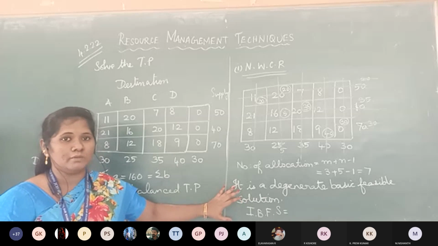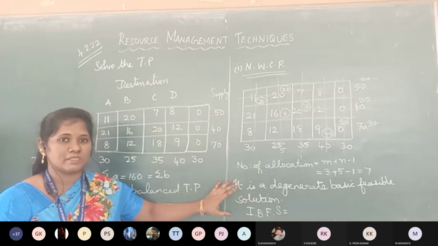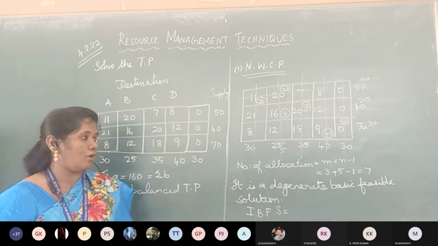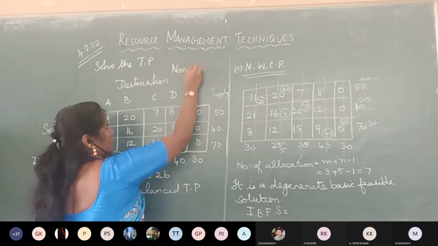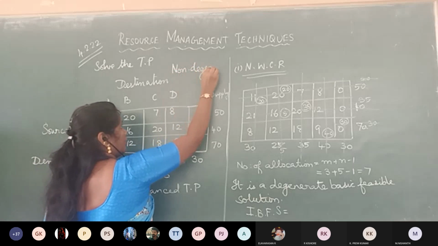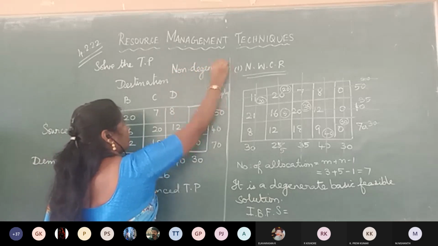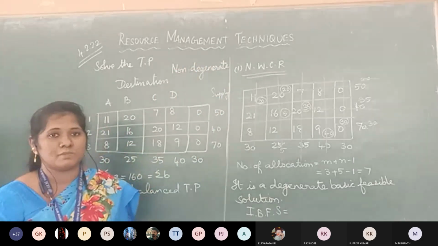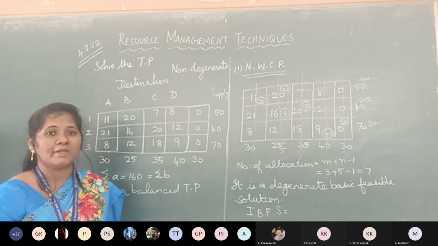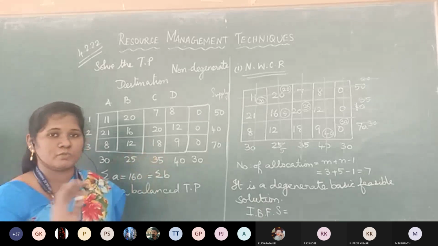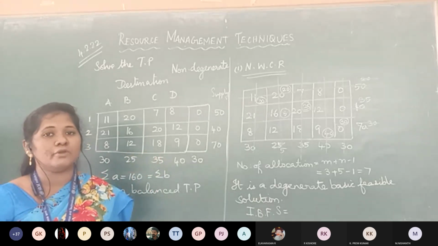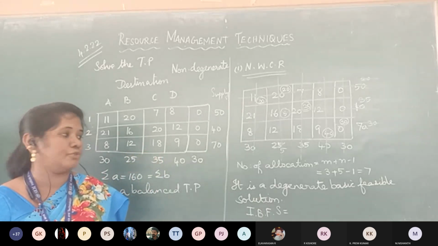If it is equal, then it is called non-degenerate. Till yesterday, whatever problems we did were all non-degenerate basic feasible solutions because the number of allocations we got was equal to the formula.